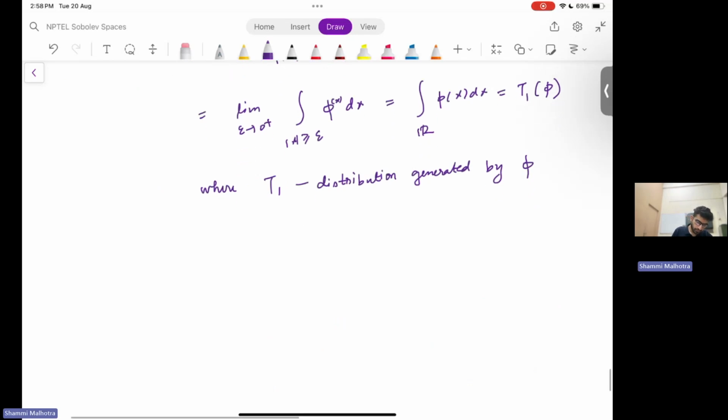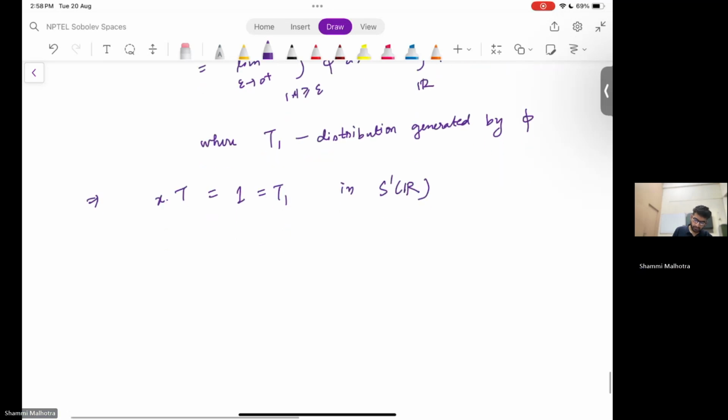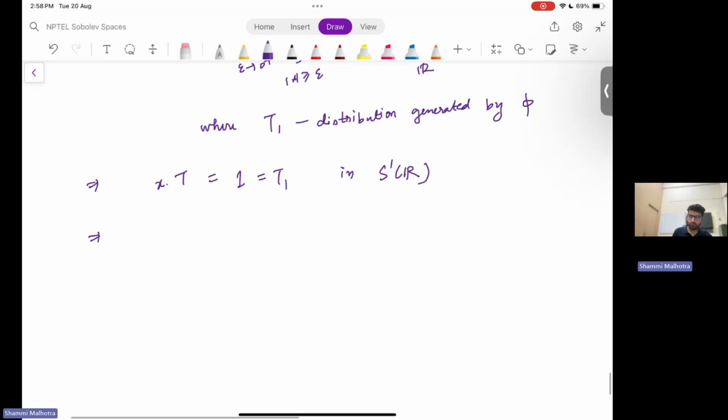So basically, what do we have here? We have that x times T is the identity function, the T1 function, in the sense of distributions as well. So we can take the Fourier transformation because we are in the tempered distribution space. The Fourier transformation of xT has to be equal to the Fourier transformation of 1.